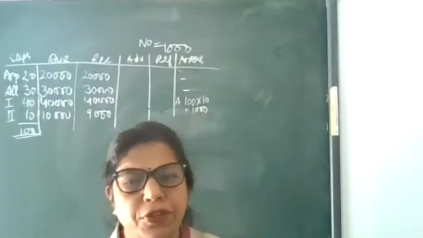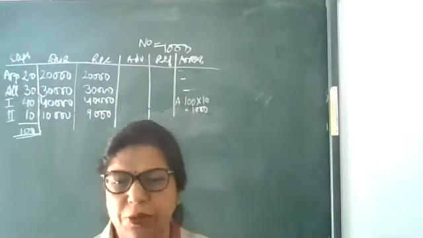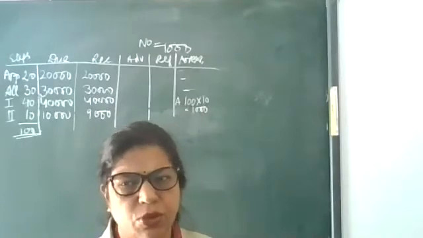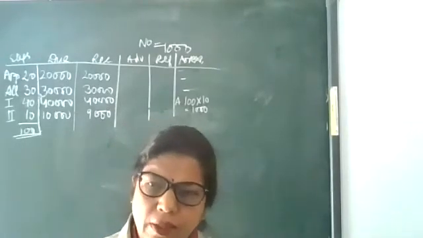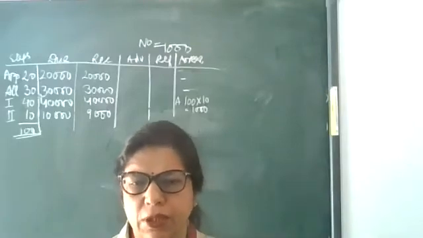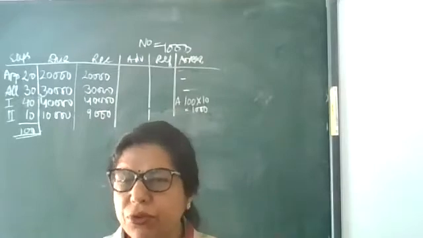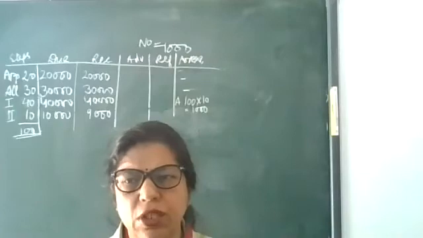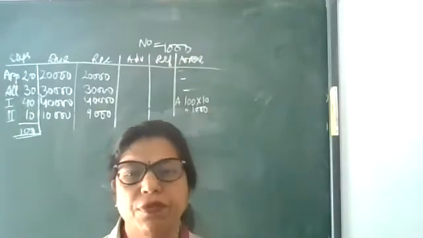And what about refund? See, whenever there is oversubscription, I told you, oversubscription means applications received are more than invited. So in that case, if the company receives more amount, they have the power to refund it. Otherwise, they have to pay interest on calls in advance. That's why they can refund.